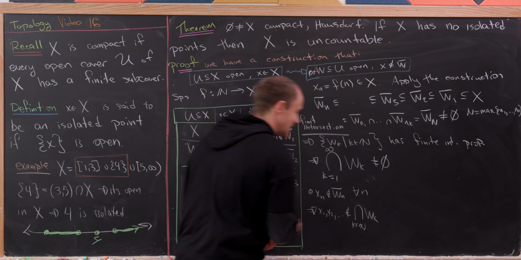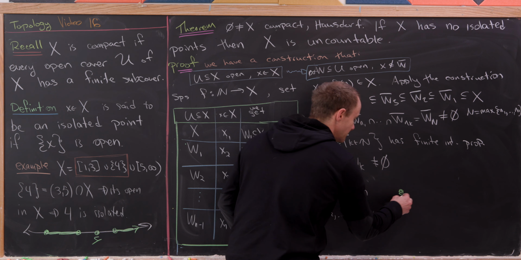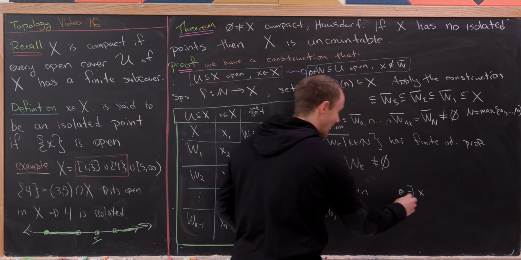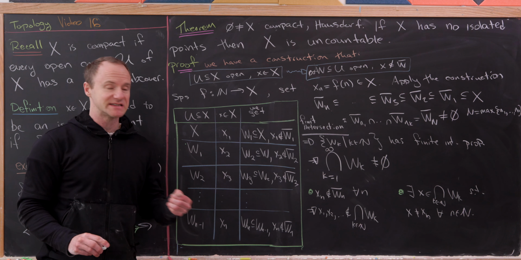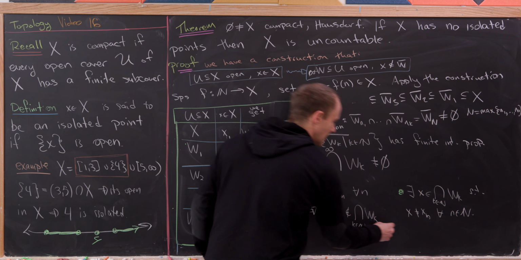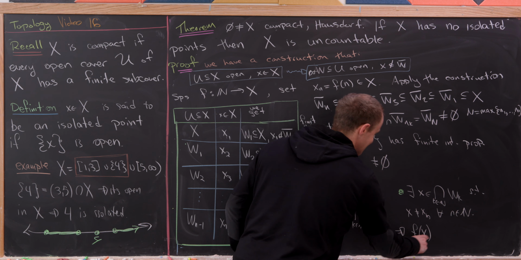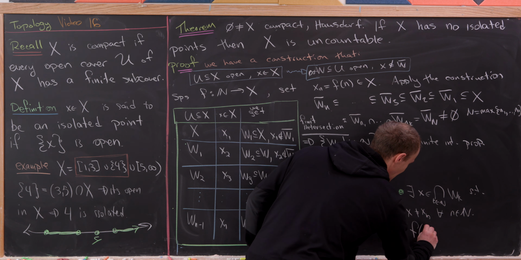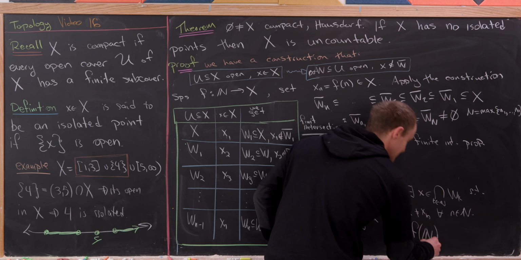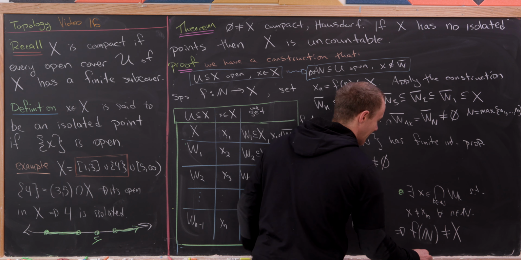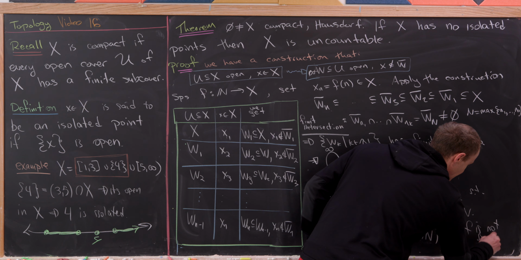But then that together with the fact that this intersection is non-empty means that there exists an x inside of this intersection which is not equal to any of these x_n's. But then that means that the image of the natural numbers under our function f is not equal to X. In other words, f is not surjective.